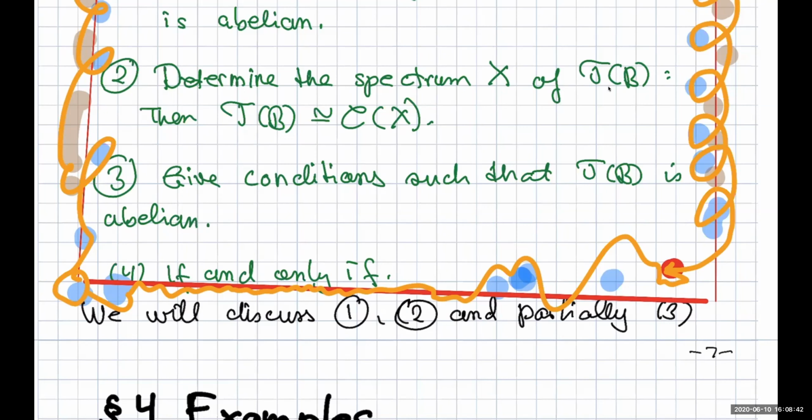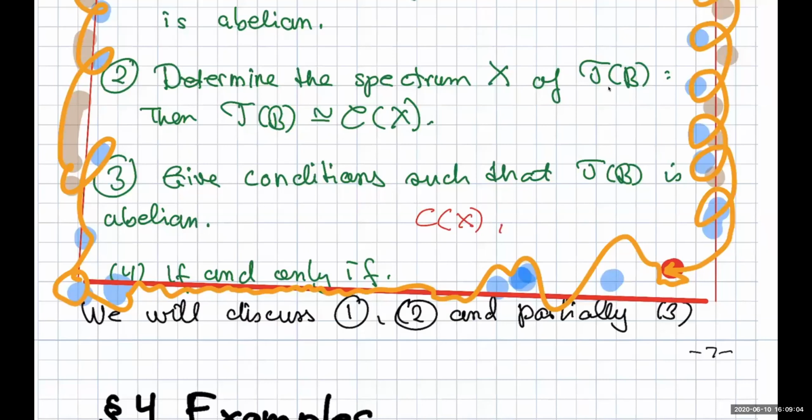One has to be a little careful now about this generating set B. Usually we just assume that the constant function is also in there. So the theorem is that every commutative C-star algebra is nothing but the continuous functions on the spectrum.